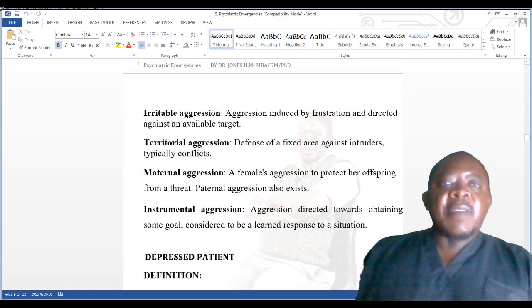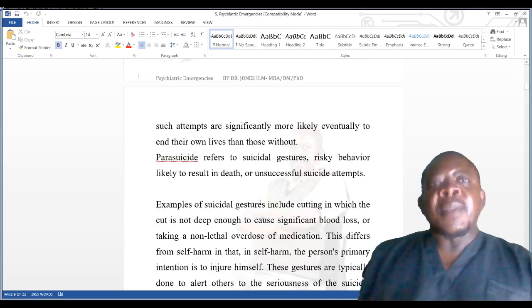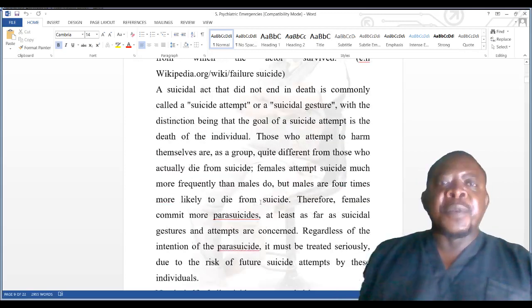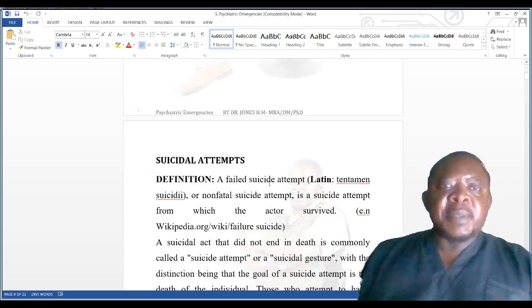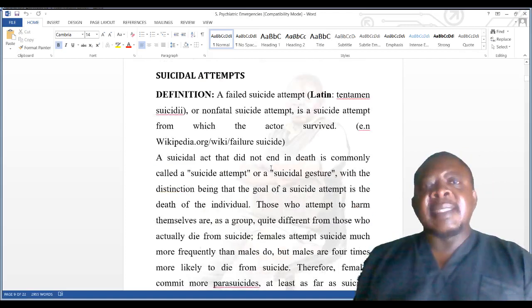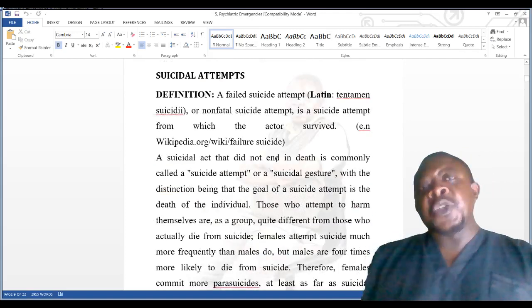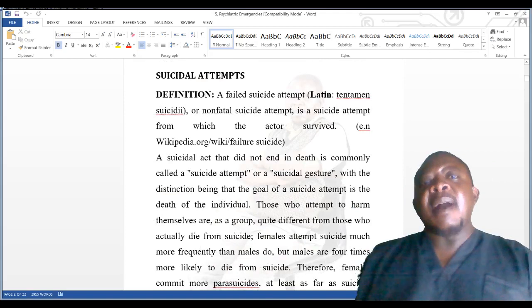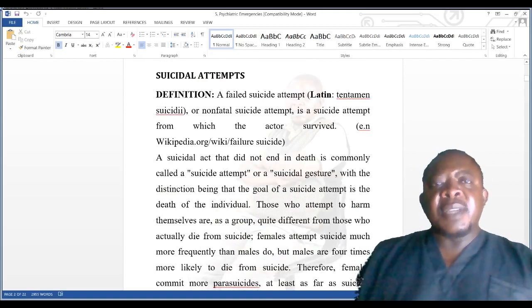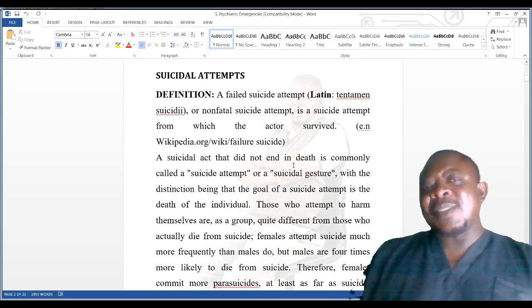The three conditions include a suicide attempt, and we have defined the suicide attempt within this discussion as a failed suicide behavior or a failed suicide activity by the survivor, the person that wants to commit suicide.